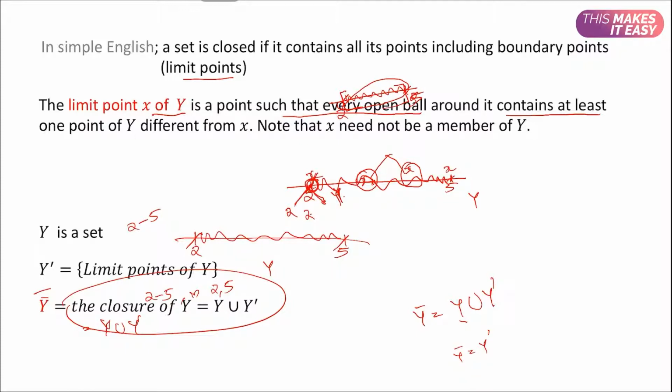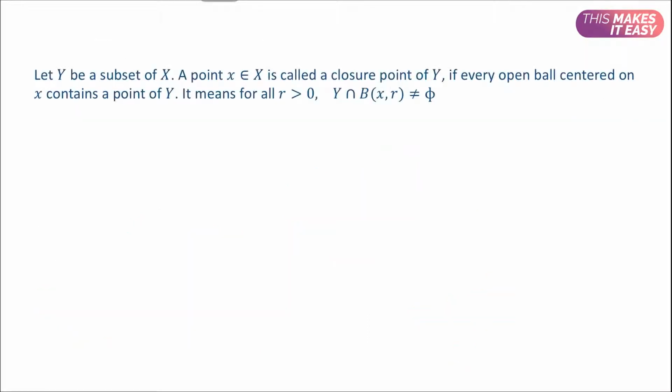We can technically define the closure. Let y be a subset of x. So this is our x and I am taking a y. This is my y. A point x is called a closure point of y if every open ball centered on x contains a point of y.